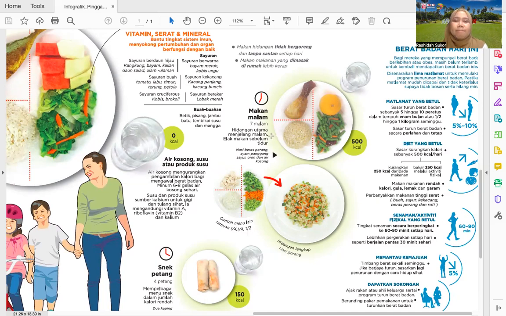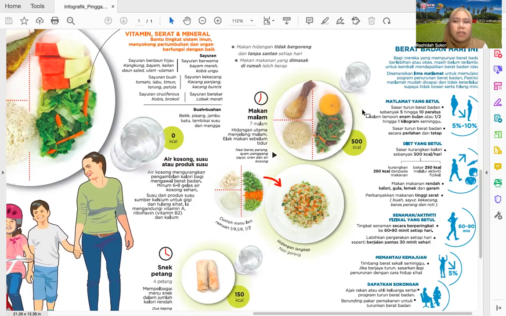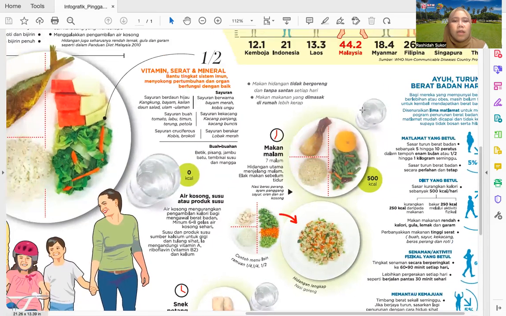When we want to have dinner or heavy food, we have to make sure it's about 3 to 4 hours before we sleep. So if you sleep at 10, you have to eat dinner at 7. Anything before 8 o'clock is good, I think.